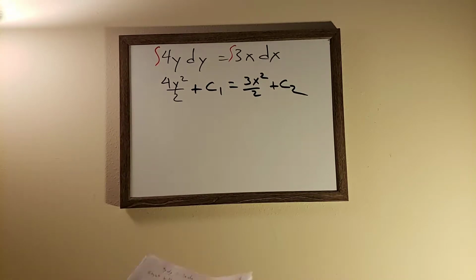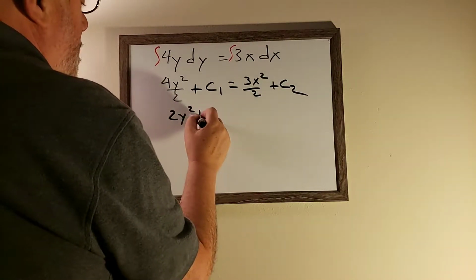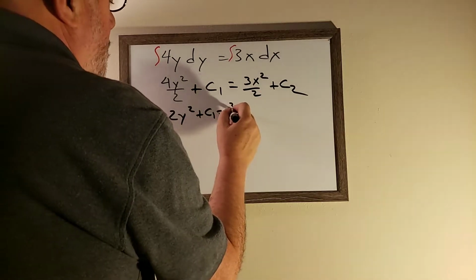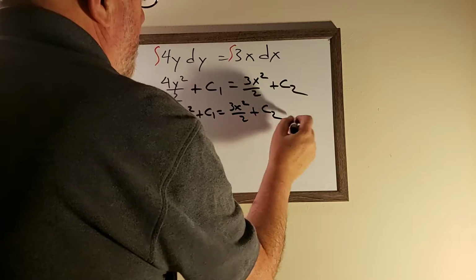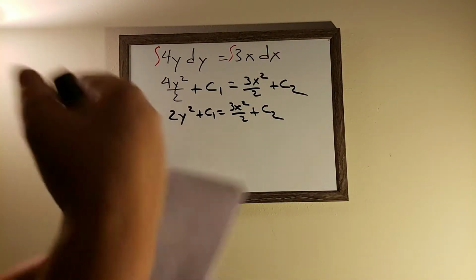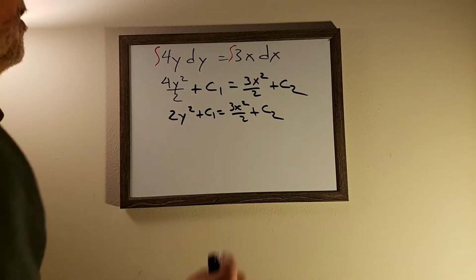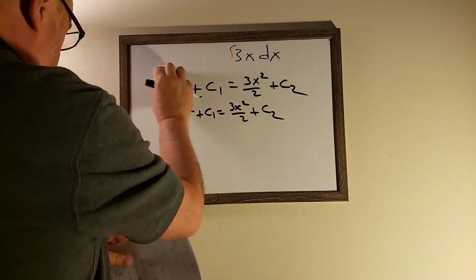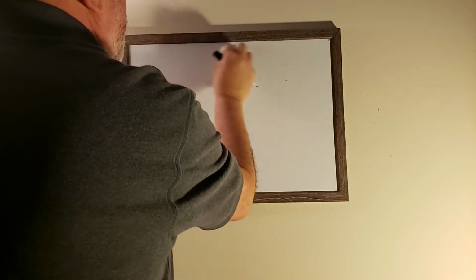Right? And then of course this could be simplified to be 2y squared plus c1 equals 3x squared over 2 plus c2. But now let's say we actually started this problem back one more step, and so now the original actually looked something like this.